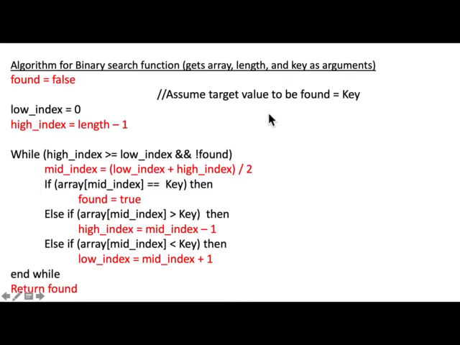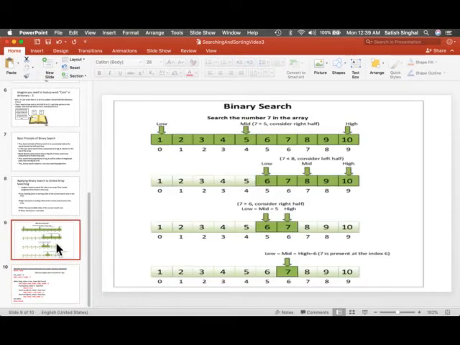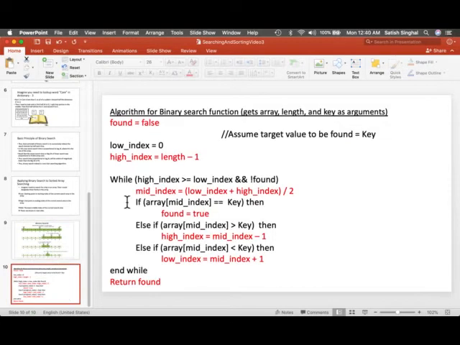Okay, so maybe I'm better off doing it this way because I can go back and forth like this. So if you go back here, my high index was 9, low index was 0. So length was actually 10.